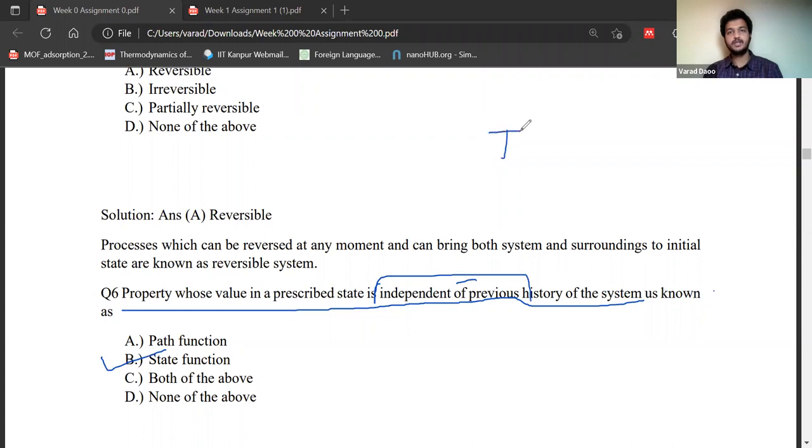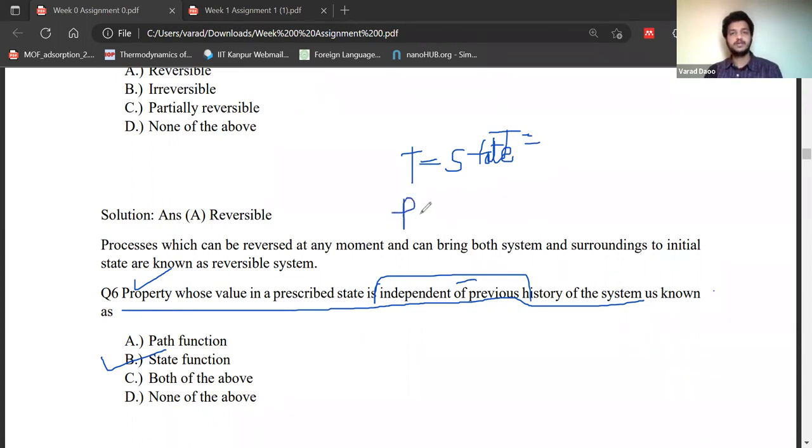All the properties are always state functions, right? That is one of the requirements for a particular thing to be called a property. So temperature is a state property. It doesn't depend on the previous state, right? We do not care how the system arrived at that particular temperature. We just care what the temperature is.